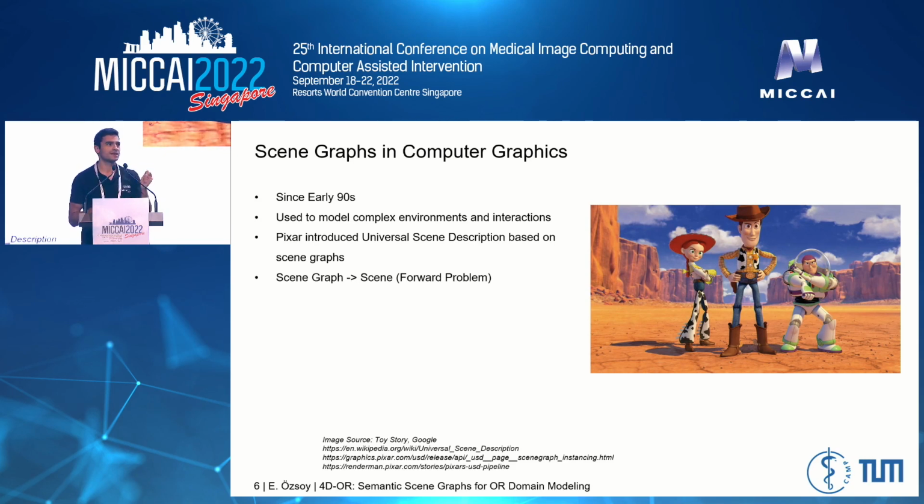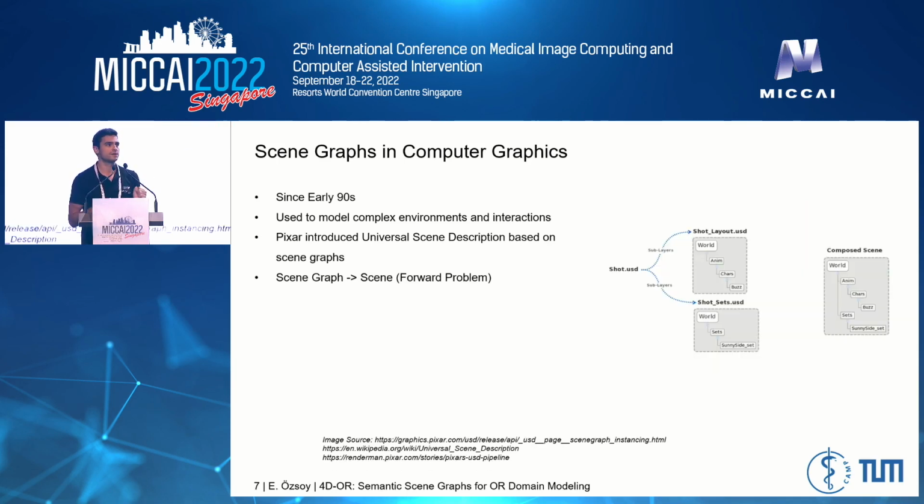For that purpose, I want to shortly introduce scene graphs from the computer graphics community, which have been used since the early 1990s to model complex environments and the interactions the entities have in them. As an example, Pixar introduced Universal Scene Description based on scene graphs, which is one of the industry standards here. What happens usually is they describe a scene using nodes to represent the entities, and then they also represent the interactions they have.